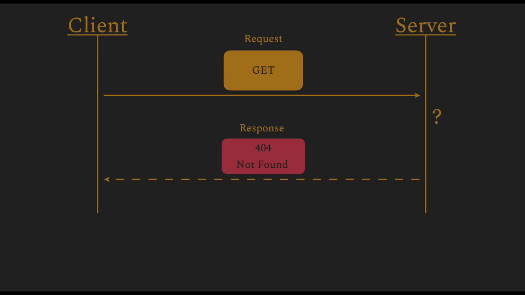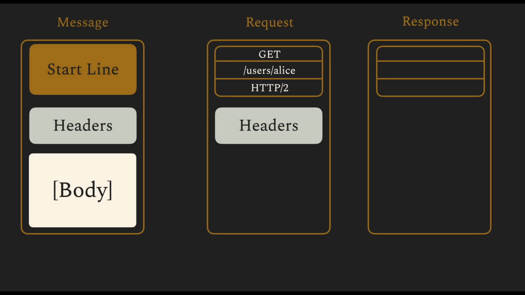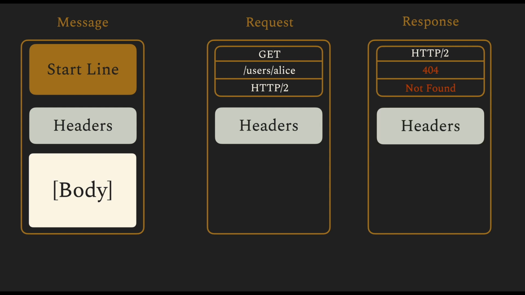Now the response is a negative response, as we saw in the previous example, because the data doesn't exist already. And in this case, for the response, the server sends the start line with the HTTP version. As I told before, this should match the request. The response also contains 404, which is the status code, and the phrase is not found, which explains the status code, and there are some headers, optionally.